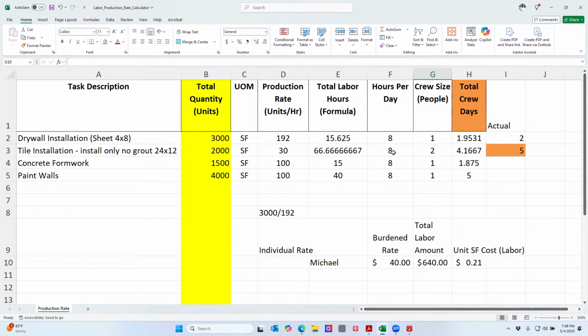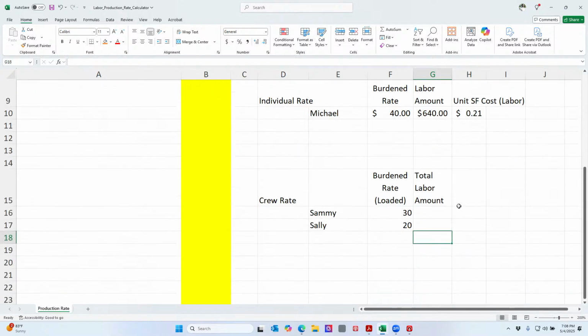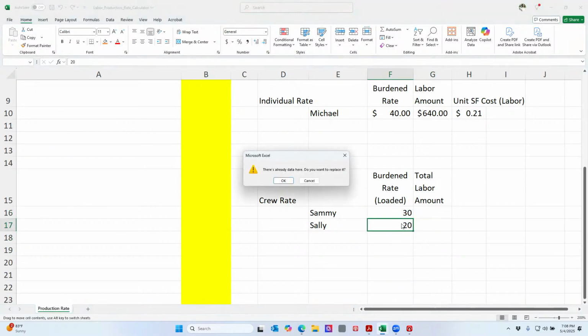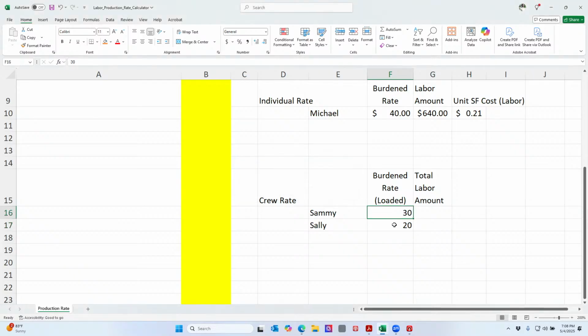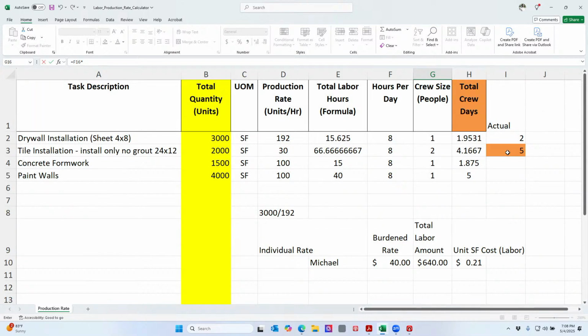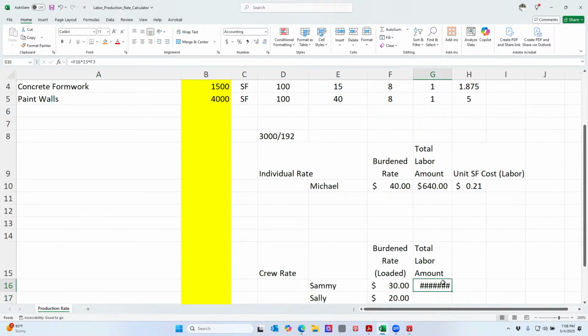So that's 40 hours a person. You got it? So I'm going to multiply their dollar amount times 5 days times 8 hours. There we go.